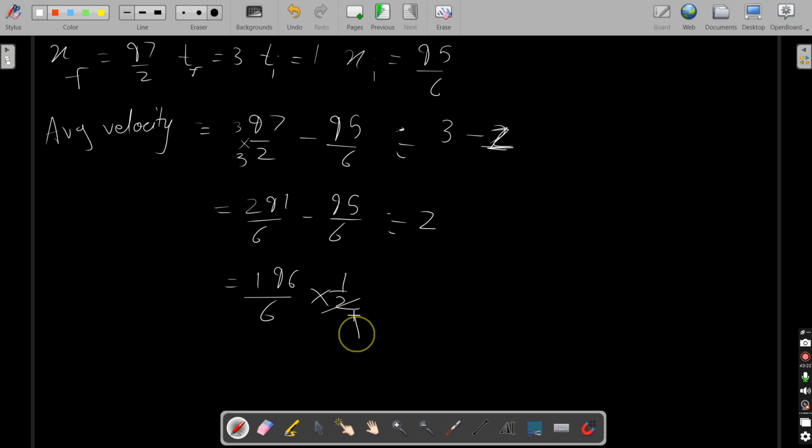Cancelling by 2 again, we get 49 by 3. Therefore the answer is 49 by 3 meter per second.